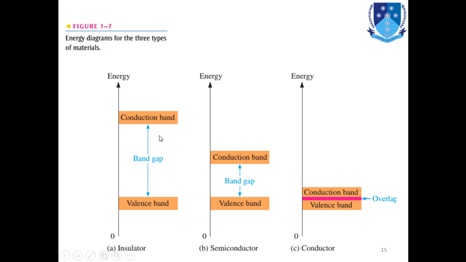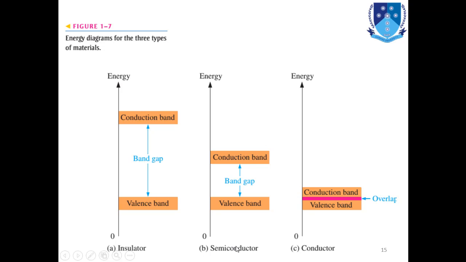Here we can see the energy diagrams for all the three types of materials. At first, we can see that the valence band and conduction band for the insulator have a very large band gap. So if we need to enable an electron to leave the valence band and enter the conduction band, we have to apply a very large amount of energy.